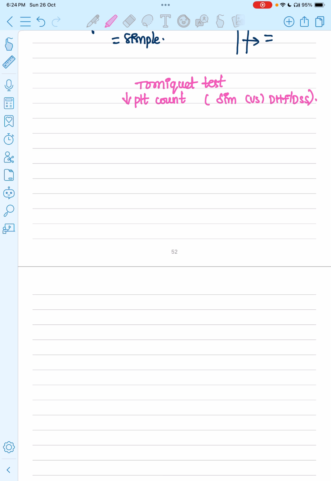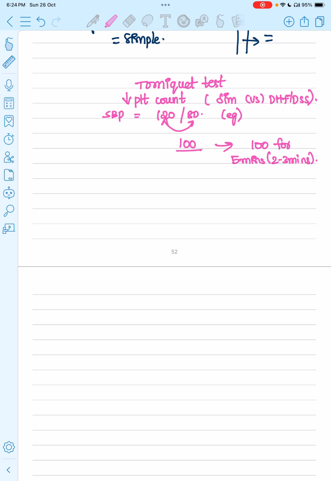Actually, we have to check the BP of the patient. For example, if the systolic blood pressure of the patient is 120 and diastolic is 80, this is an example, you have to take the mid value between 80 and 120, that is 100. So inflate the cuff till 100 and keep it inflated for 5 minutes, or 2 to 3 minutes.